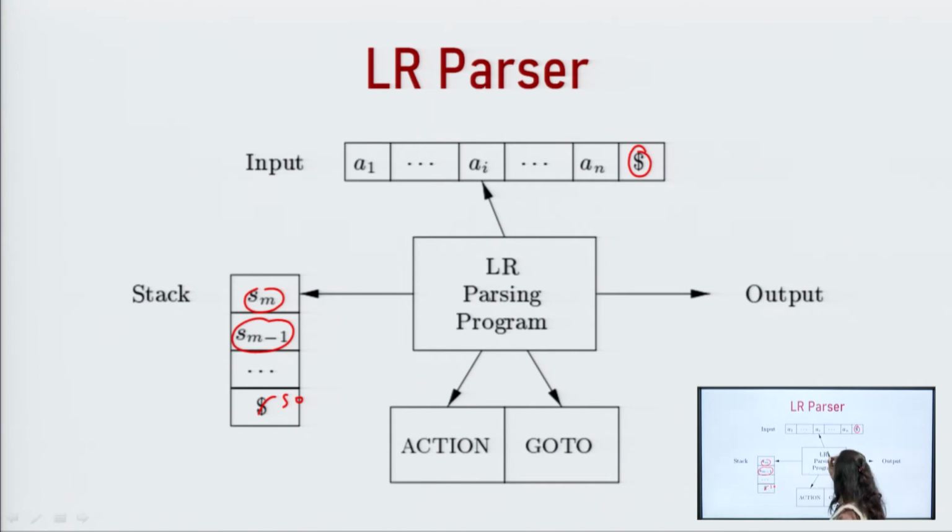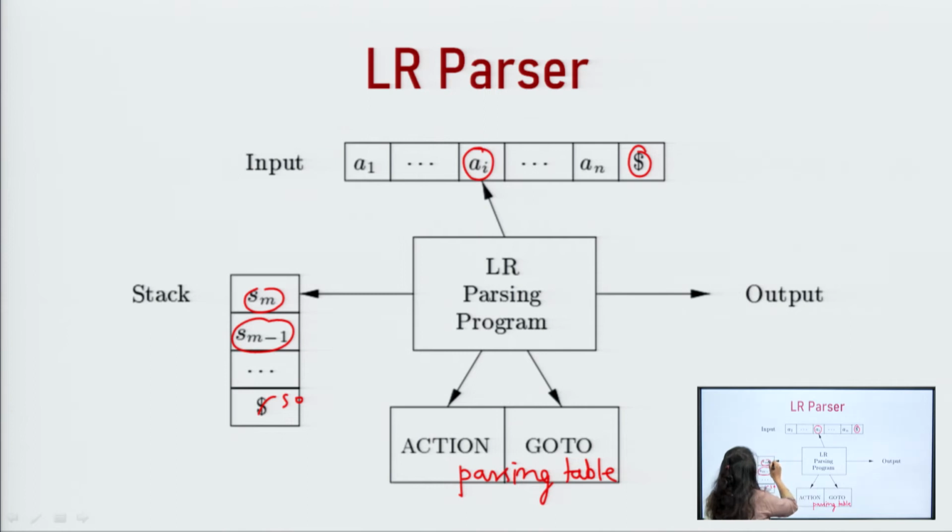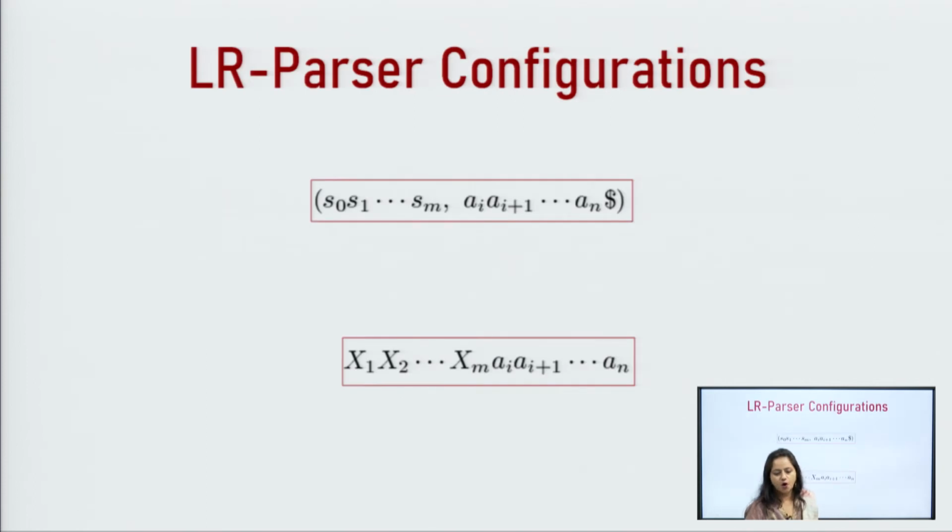Here we have the LR parsing program, and that program uses the parsing table, which has two main functions, action and go to. Based on the current input symbol and the state at the top of the stack, it will use the parsing table and produce the output. So, this is the broad structure.